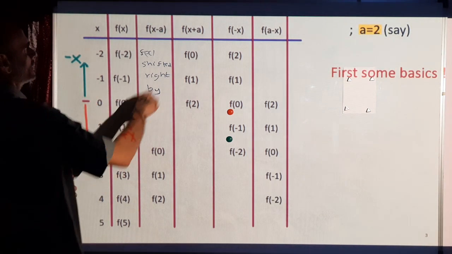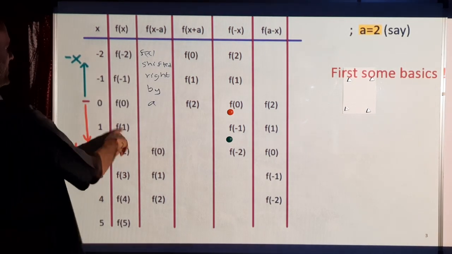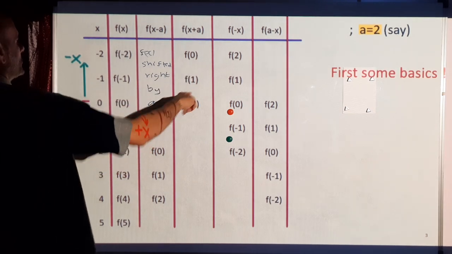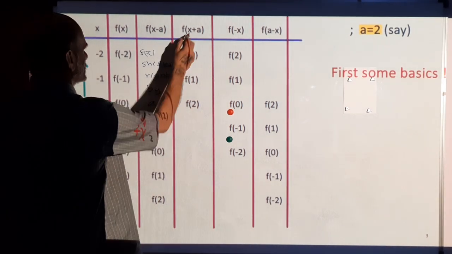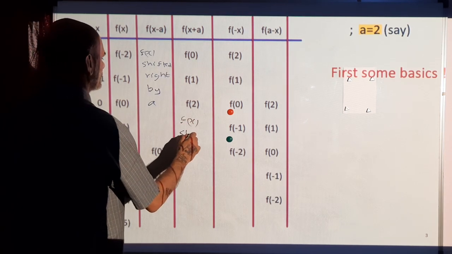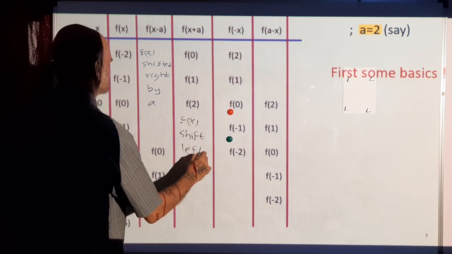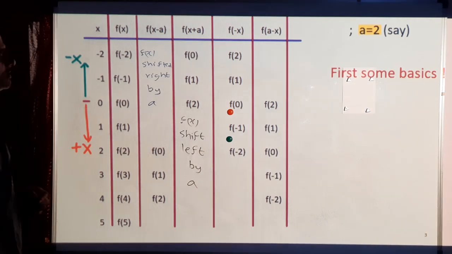And at x equal to 0, it will take the value 0 plus 2, f of 2. So compared to the original function, f of 0 has moved here, f of 1 here, f of 2 here. So here it is shifted left. To get the function f of x plus a, take the function f of x and shift it left, that is towards the negative x-axis, by an amount a, where a is a positive number.